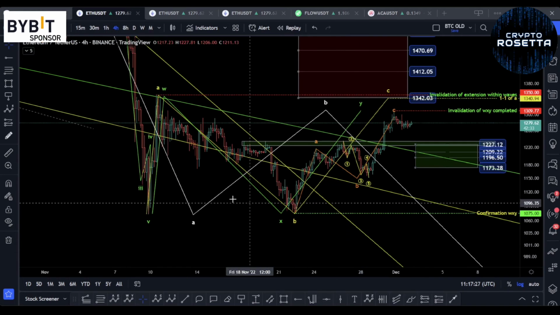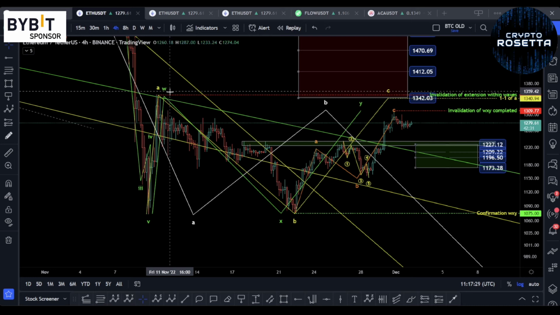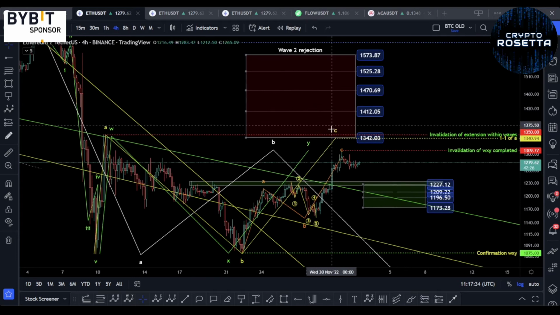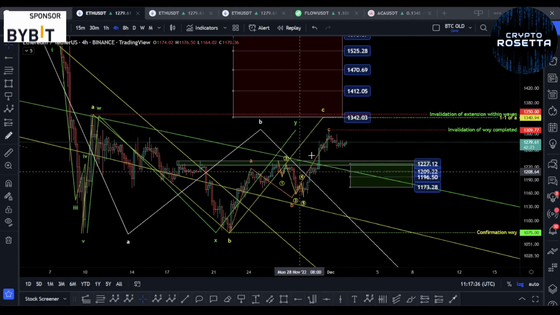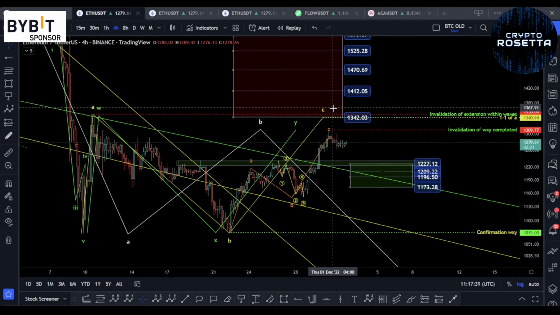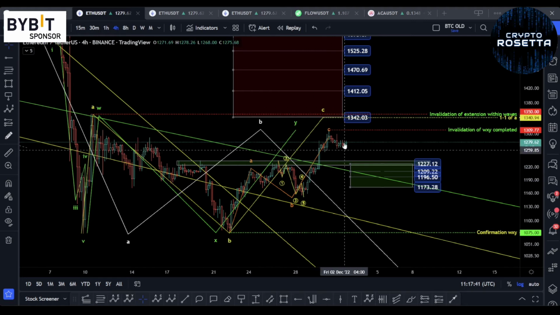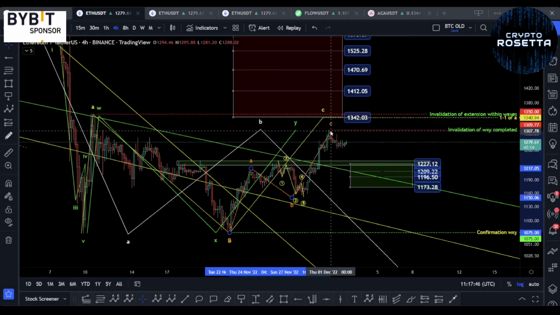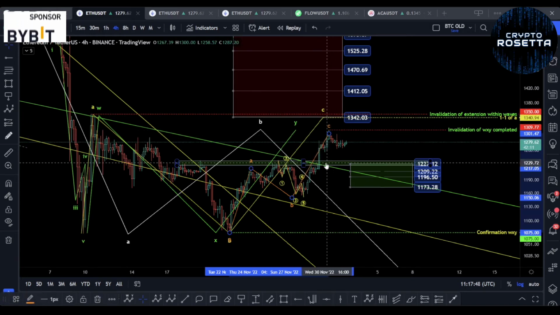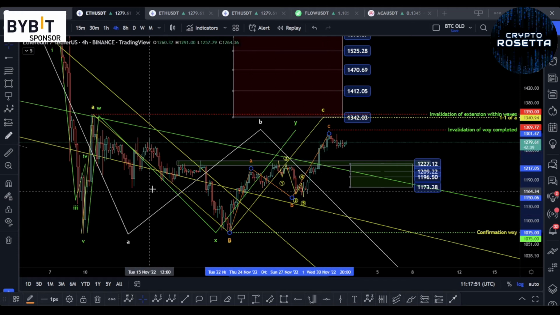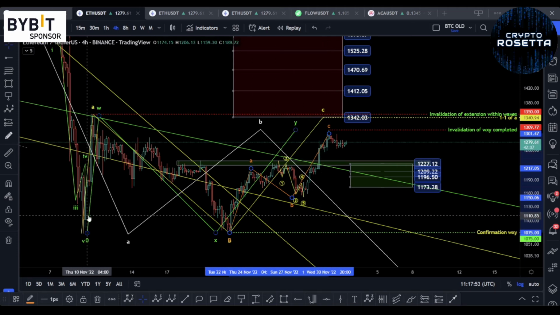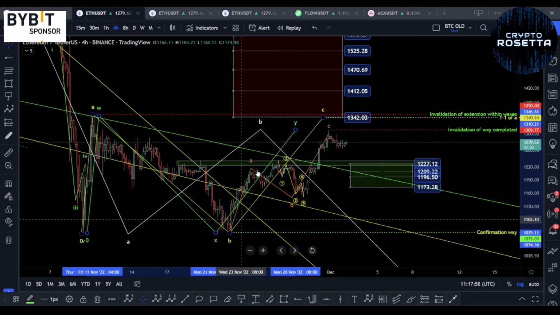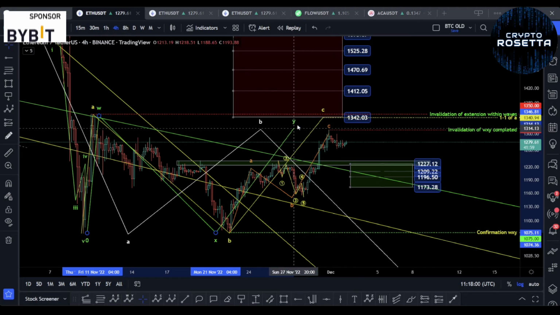So even if this fails to develop into a triangle and be A, B, C, D, and E within this move there, we could either be looking to move up into this B wave rejection area with a little bit more on this zigzag, and maybe it crosses a little bit higher into this one-to-one than this one-to-one that it's currently sitting at, and that could be a corrective pattern that's called a WXY, where we have a three-wave move, a three-wave move, and a three-wave move up.